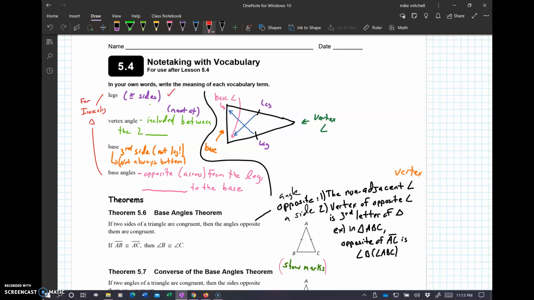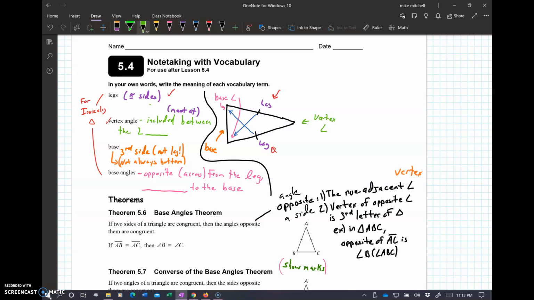Legs are our congruent sides, right there and right there. So this is a leg, because they are the ones that are marked congruent in the isosceles triangle. The vertex angle is the included angle between the two legs.